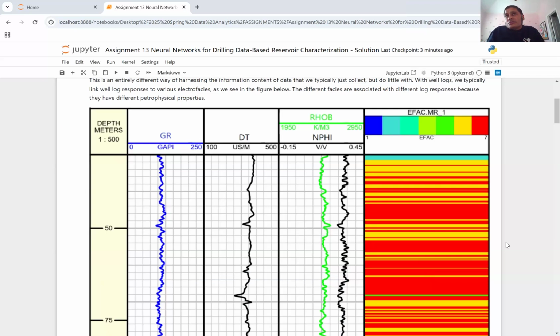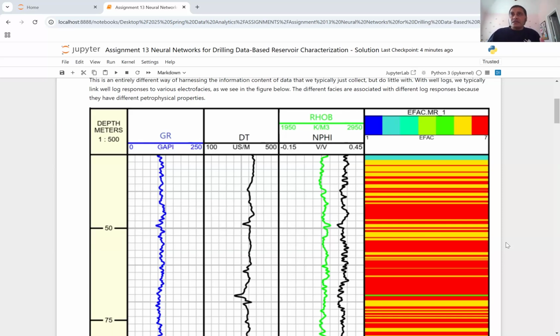And it stands to reason that different electrofacies, which are characterized by different log responses, may also have different mechanical properties and therefore may have different manifestations of those properties in the drilling data.